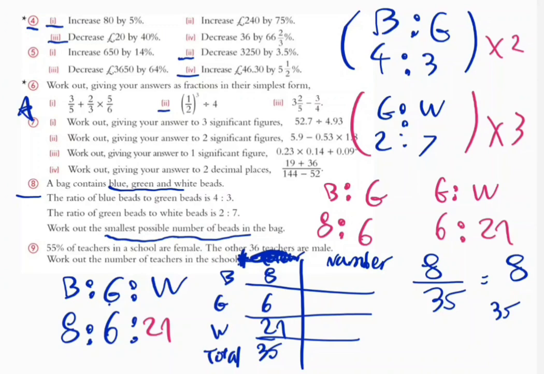That coefficient can't be less than 1, because that's about numbers, and a number is a discrete unit, so we can't have 0.5 beads. The smallest possible number of beads apart from 0 is 1, and that's how we do this question. So we have in total 35 beads, which is the smallest possible number of beads.